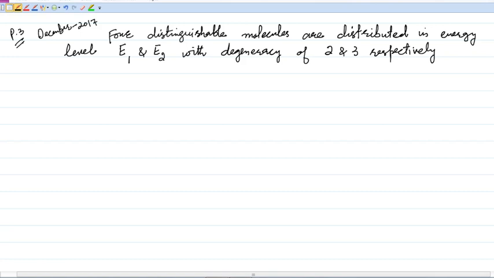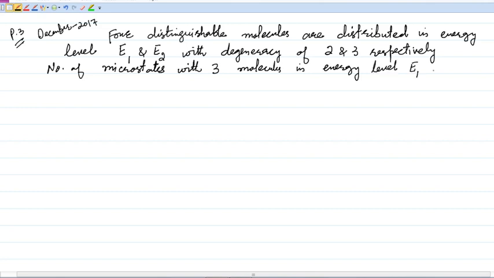Okay. So number of microstates with 3 molecules in energy level E1 and one in energy level E2.